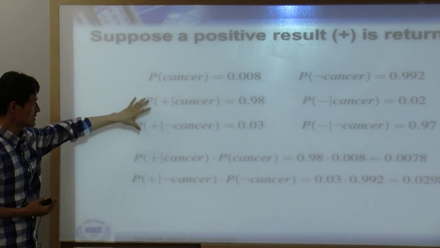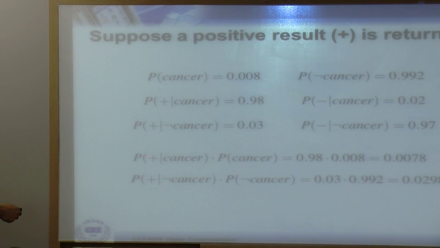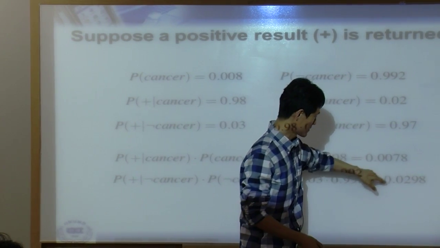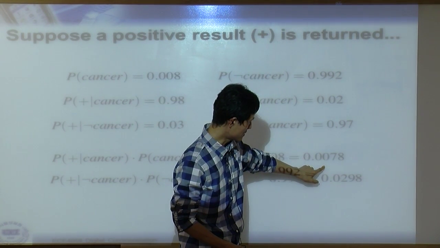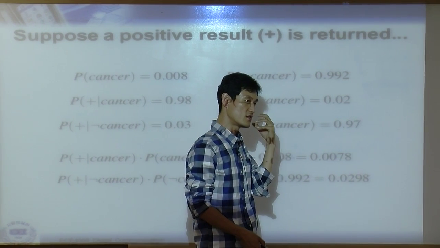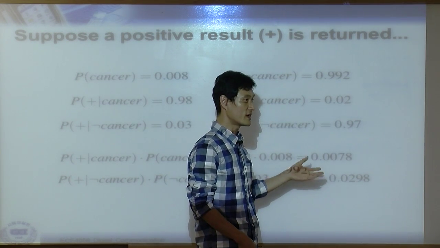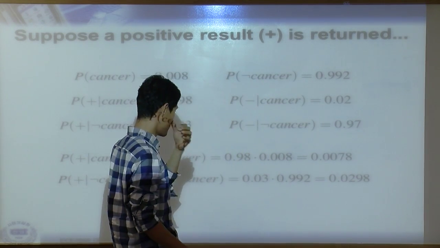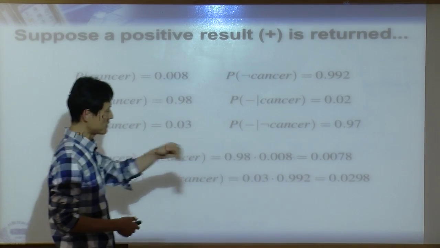So in this example, what is the probability that you're going to get a positive result? You're going to add these two. In this case, it's about 3.7%, right? If you hear that you are positive for cancer, the probability that you are hearing that you are positive is only 3.7%. That's what that means.